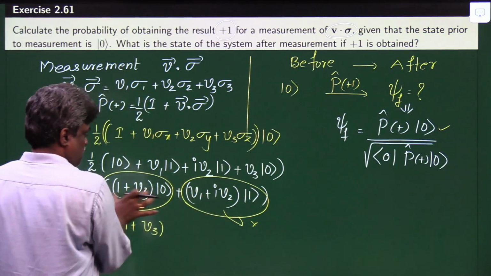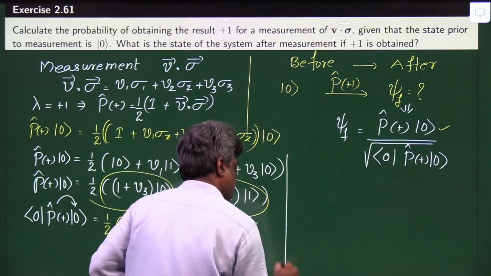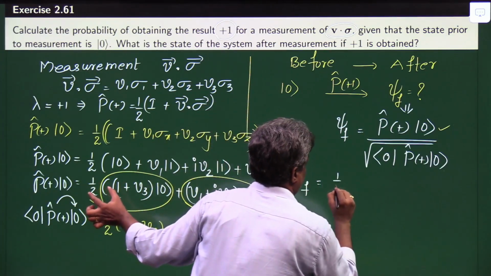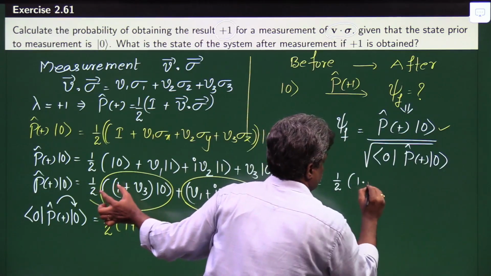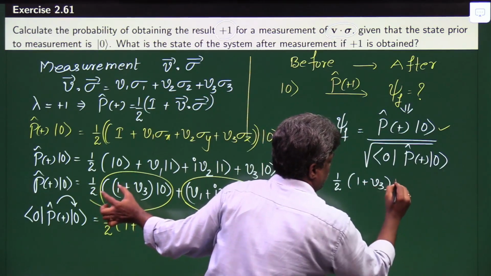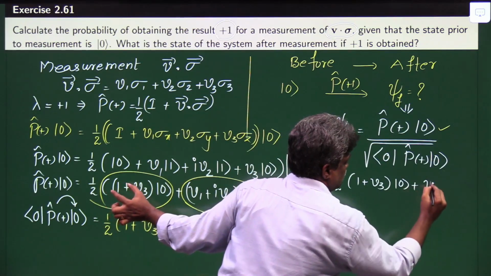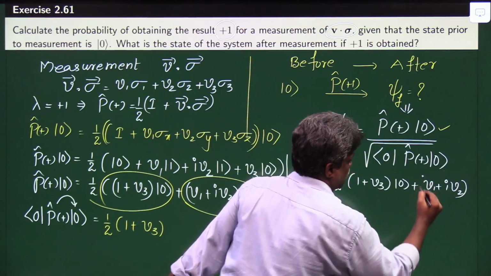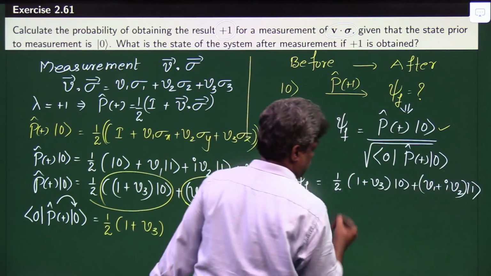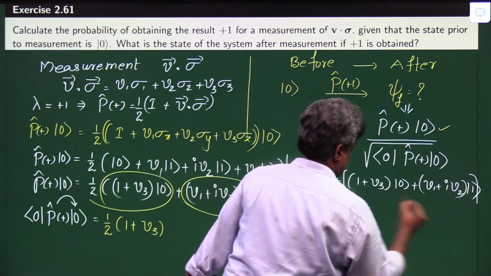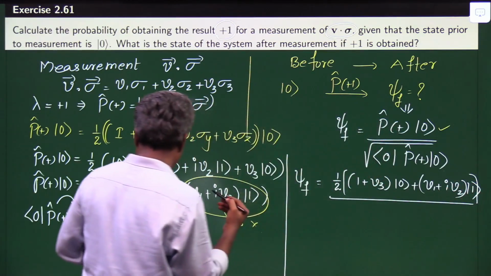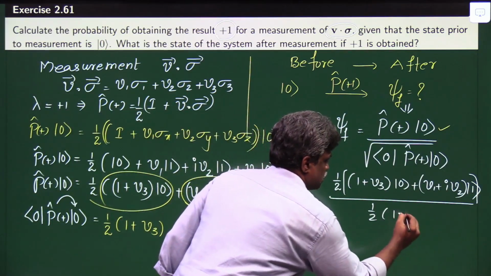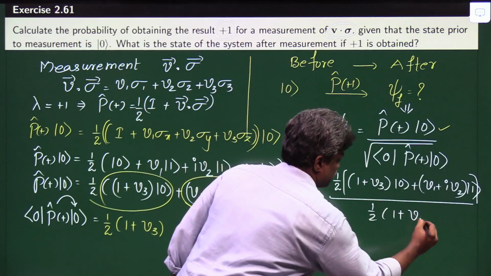Yeah, so this entire term as it is: psi final equals the numerator, 1 by 2 [(1 plus v3) ket 0 plus (v1 plus i v2) ket 1], and whole divided by this expectation value, 1 by 2 into (1 plus v3).